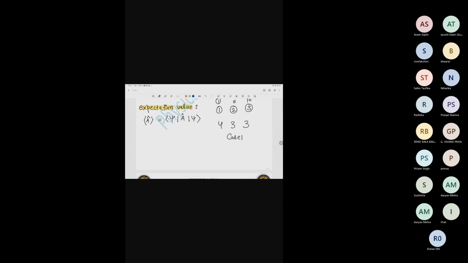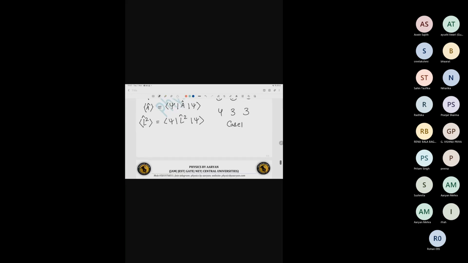Now let's do an example so that you can understand more in operation. We want to know the L square. So we have our phi, we have L square, and we have phi. Before I jump into solving the problem, if I operate my L square on this state, what do you think will be the answer?